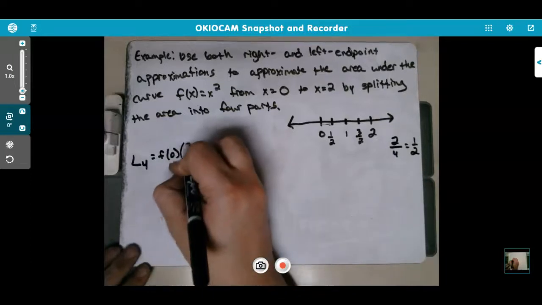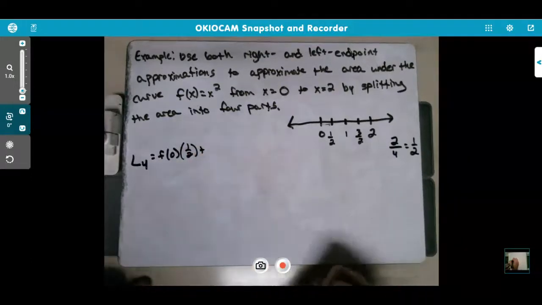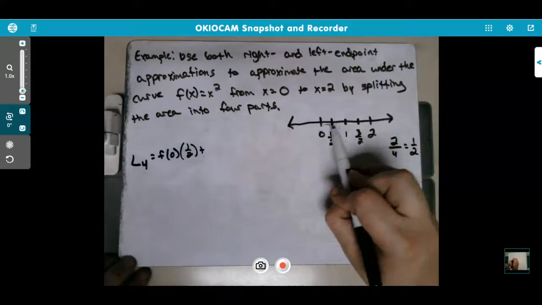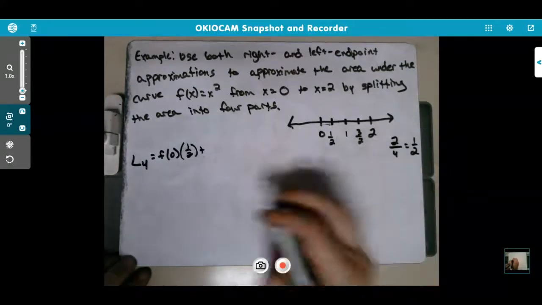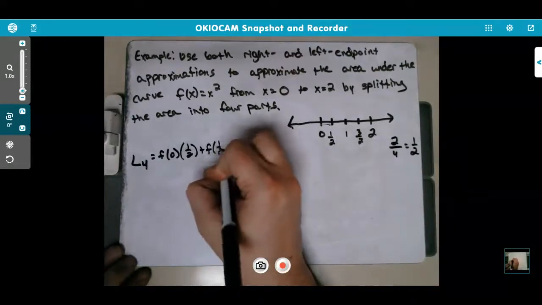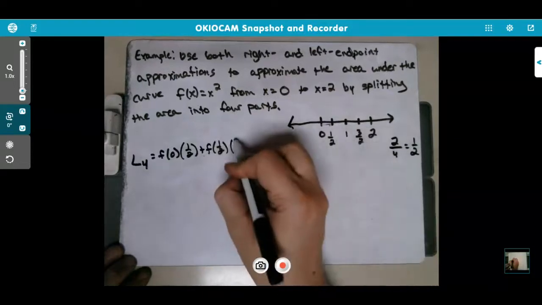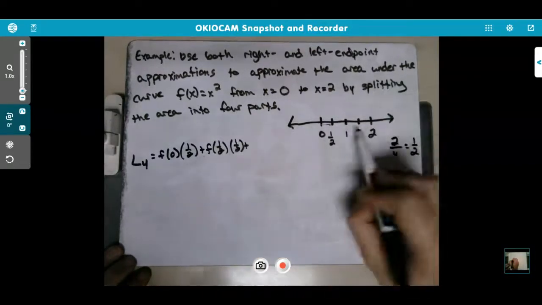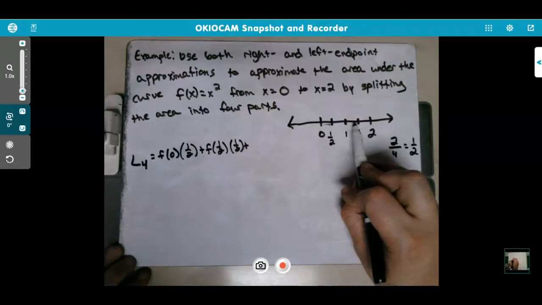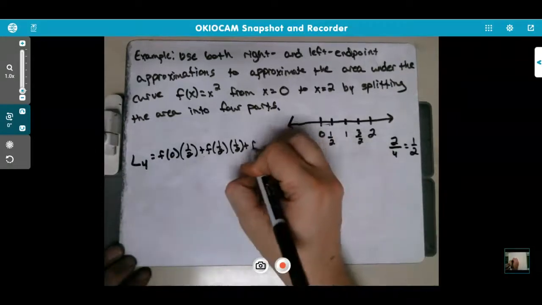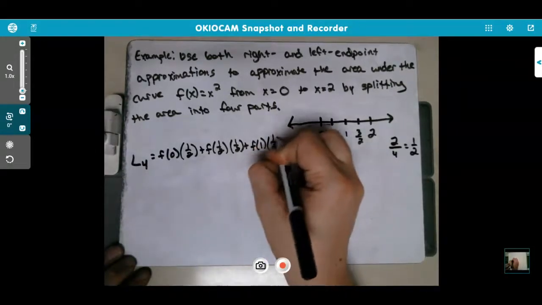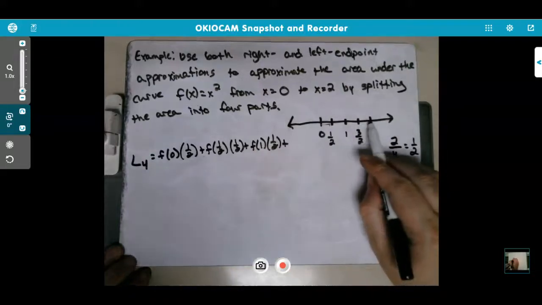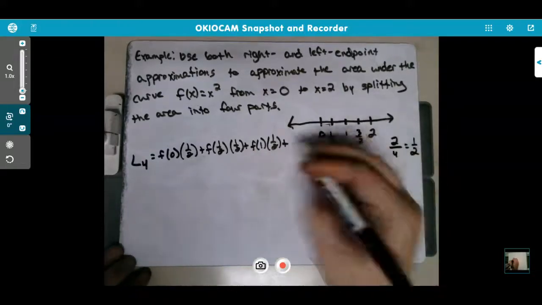So f of 0 times 1/2 plus, for my next piece right here, my left-hand point is 1/2. So f of 1/2, and again my width is 1/2, plus my left-hand point on this one is 1. So f of 1, and then again my width is 1/2. And then on my last piece, my left-hand point is 3/2.